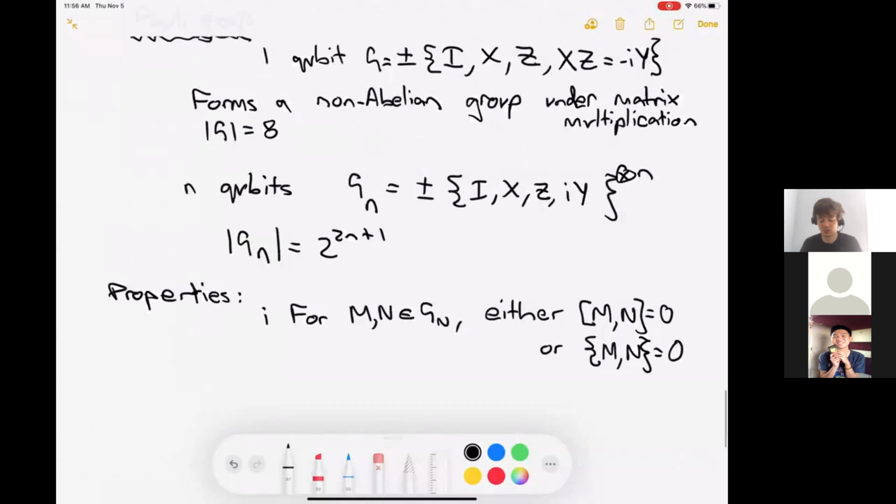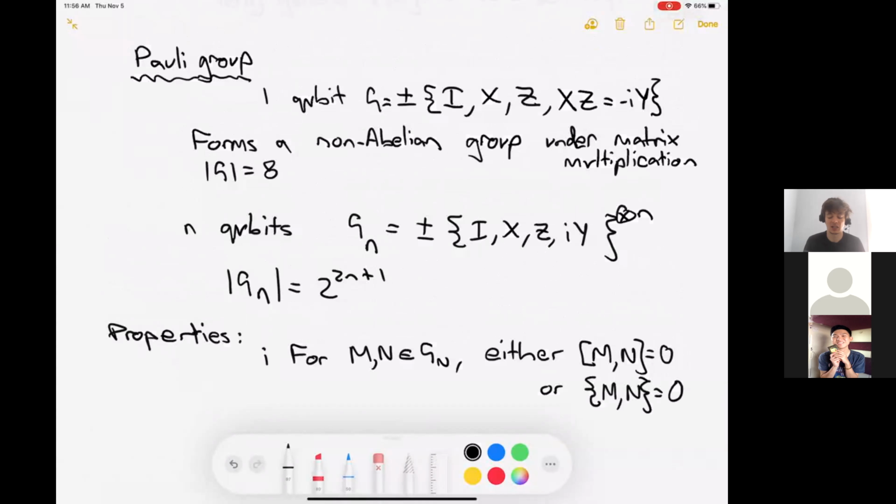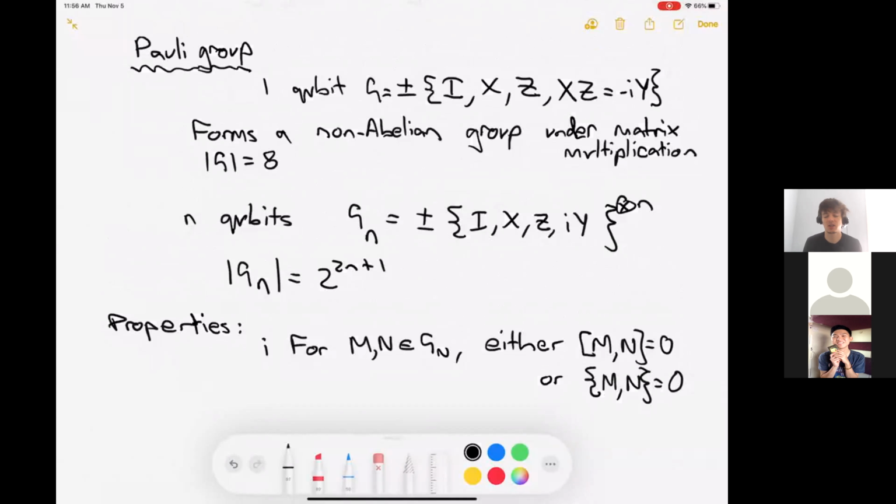And the reason for this, it should be fairly obvious, is just that the Paulis anti-commute with each other, and the identity commutes with all of them. And when you have products, then for each of the n qubits, either the Pauli for M and the Pauli for N anti-commute, or one of them is the identity and they commute.